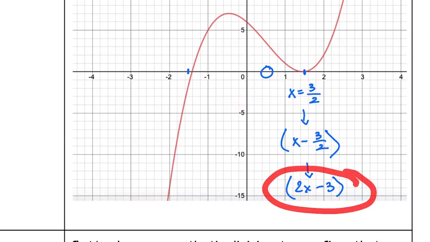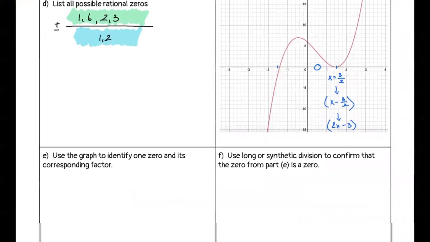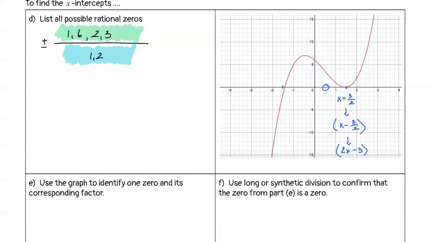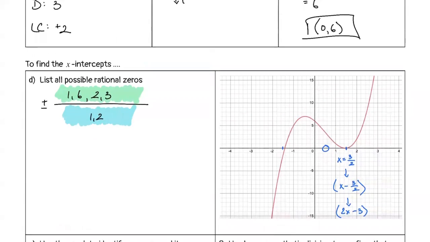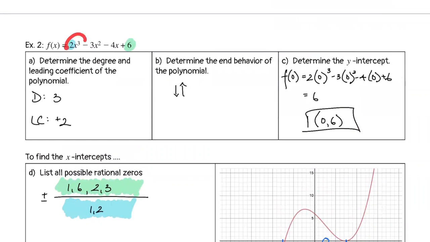This is just one more step, and it tends to be a common step when we have a fraction here. But also, it tends to be a common step if this leading coefficient, 2, matches that leading coefficient.